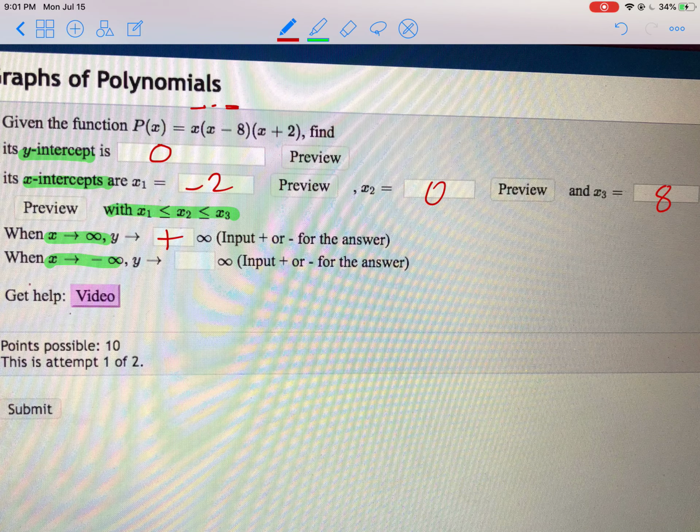So you have a negative times a negative. And then the third factor, plug a large negative number into here, and you get negative. So you'll have a negative times negative times negative, and that gives you a negative value altogether. So those are the characteristics of this particular polynomial.